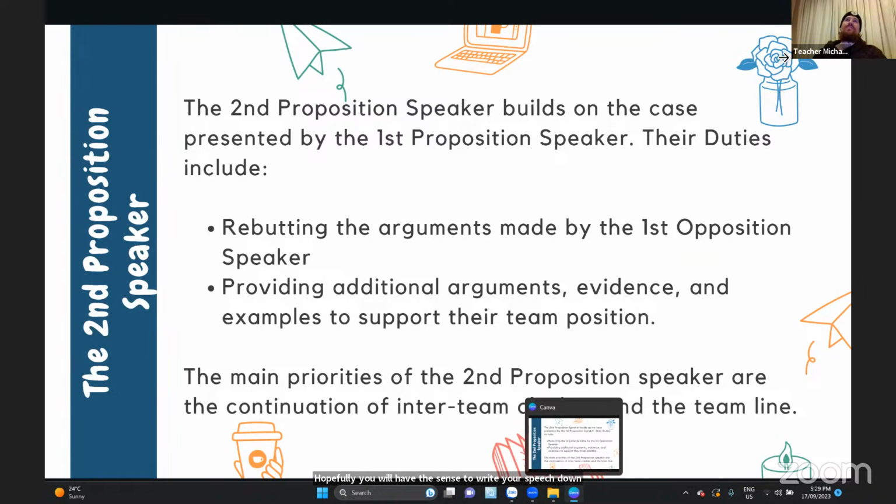There are two possible ways to do that. You can write the whole speech out word by word, as you're going to say it. Or the other way is to have a list of dot point facts that you then expand on and deliver as the argument in the debate.